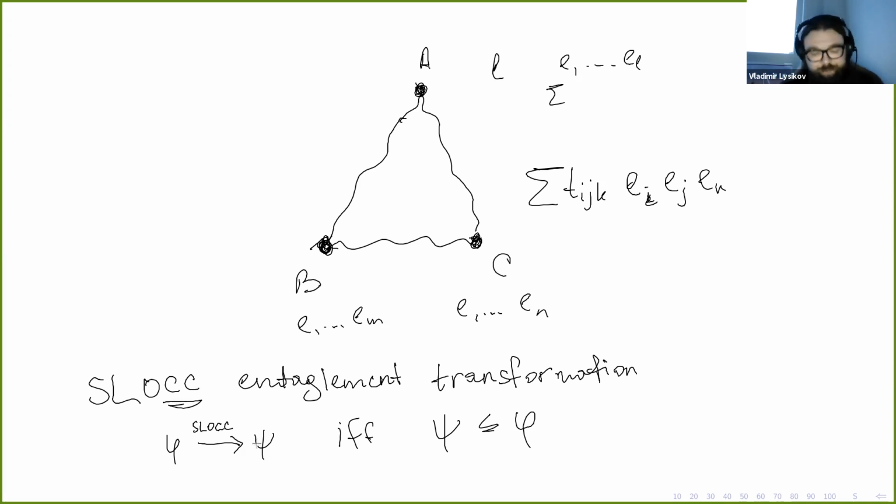And this S says stochastic, so with non-zero probability we get something. One case where we actually can have something not just with non-zero probability, but with non-negligible probability, is if you want to transform an entangled state between three parties into an entangled state between just two parties.